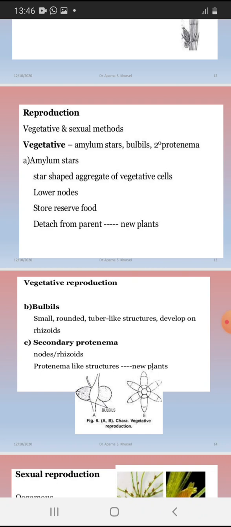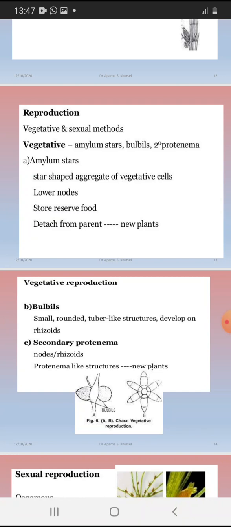Now, what is amylum star? Amylum star is nothing but the star-shaped aggregate of vegetative cells. That means they are the aggregated bodies. Aggregated means a group of cells which is present near the nodes of the main branch.